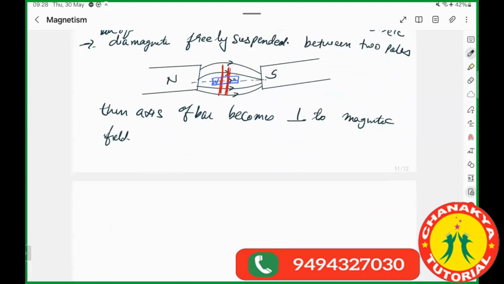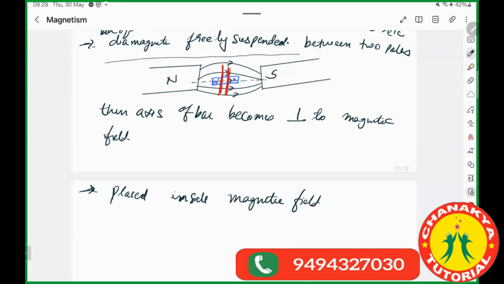Now we can write some more about it. In the same way, if it is placed inside a magnetic field, the field lines become more dense.